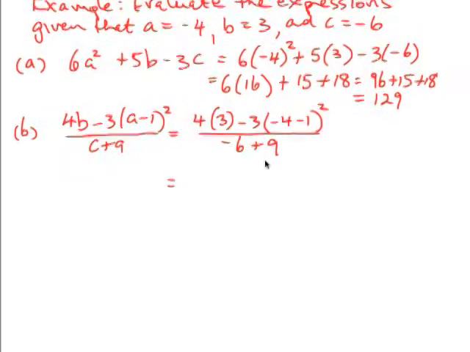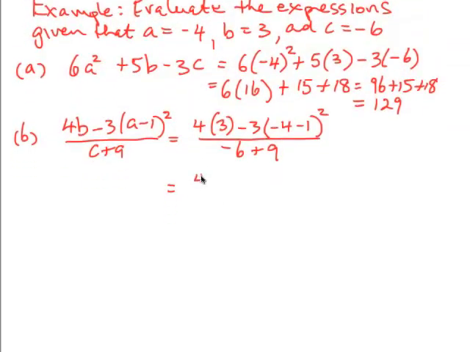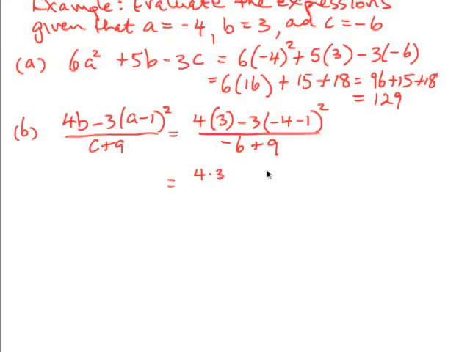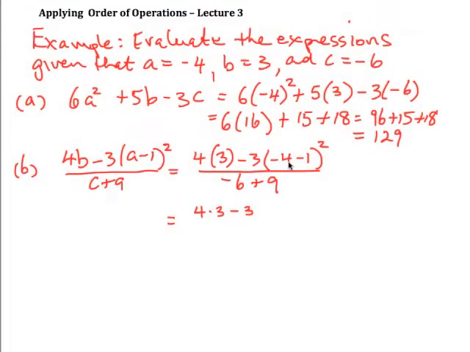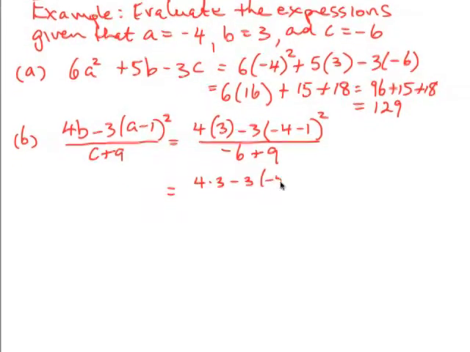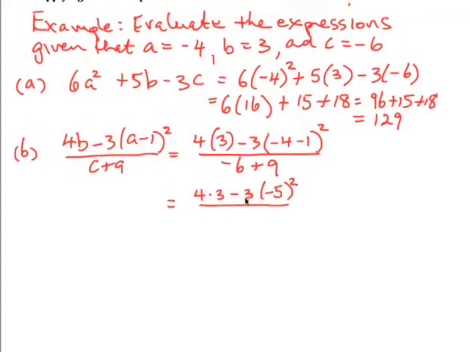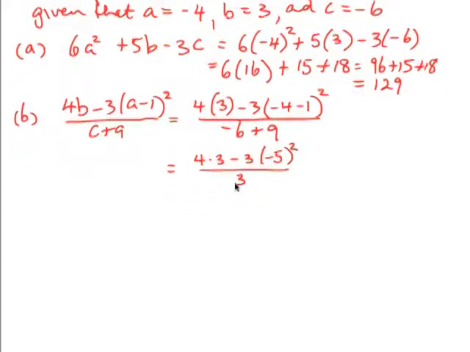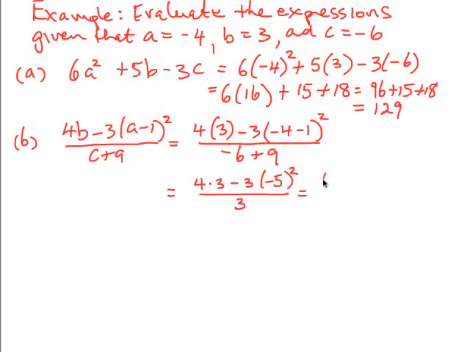So this becomes, now remember to do the parentheses first. Okay, so this will be 4 by 3, minus 3 by, notice this will be -5 squared over, here we have 3.